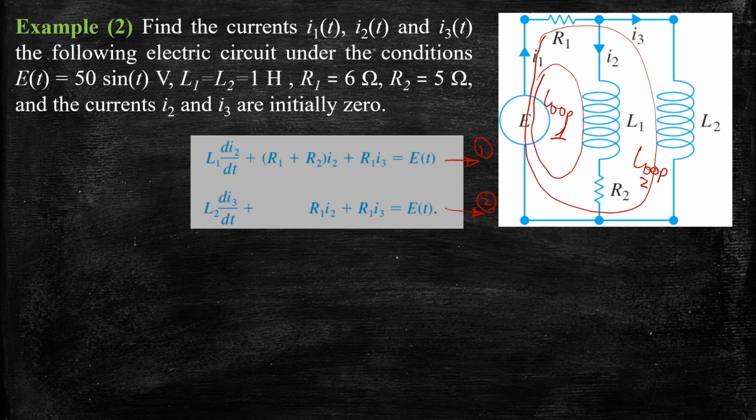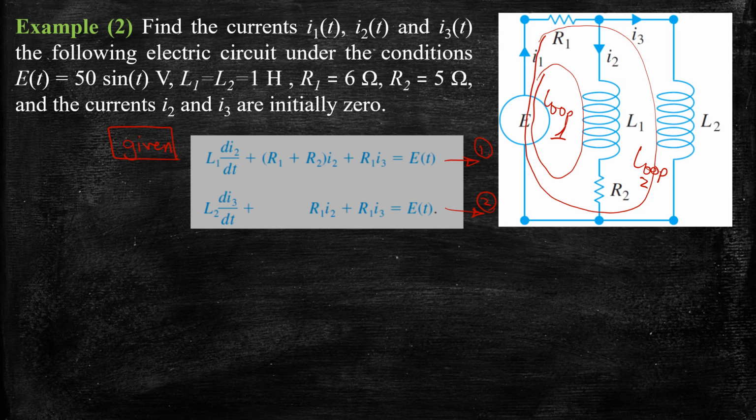And again, it's not part of our Laplace transform knowledge right now to solve these circuit equations. So these equations are given, and we will need to use our Laplace transform experience to solve them.